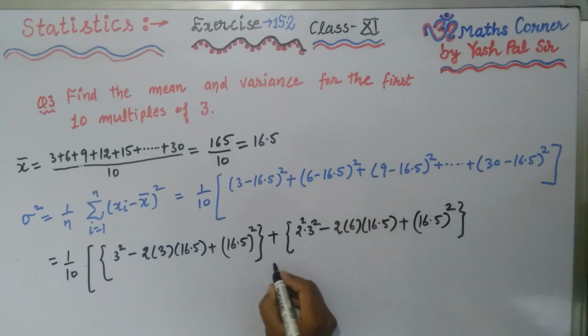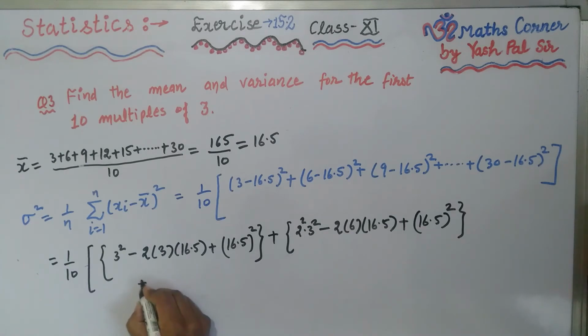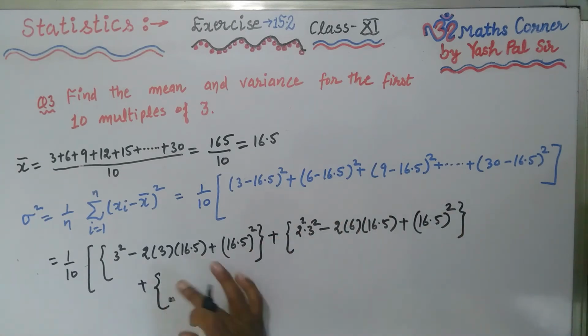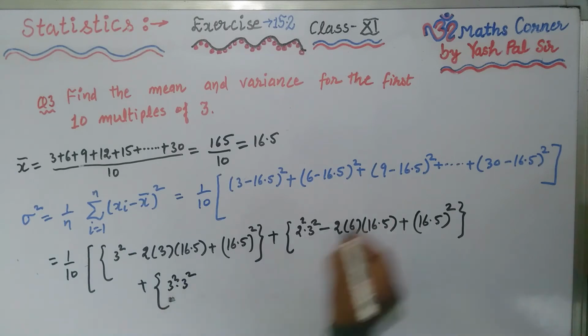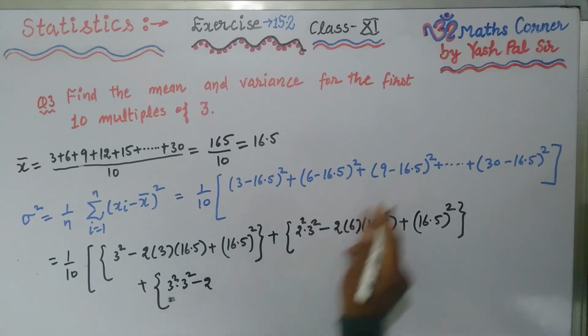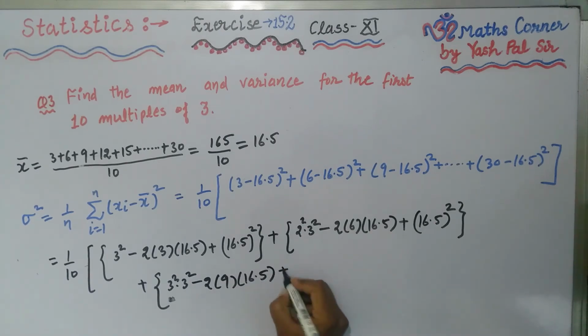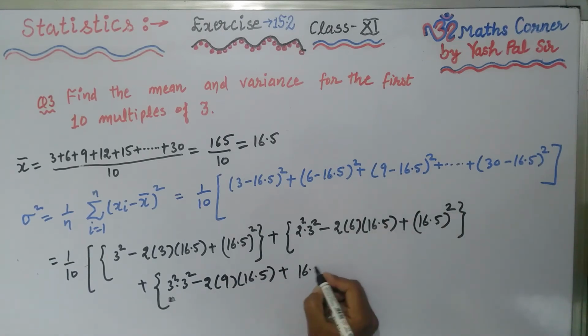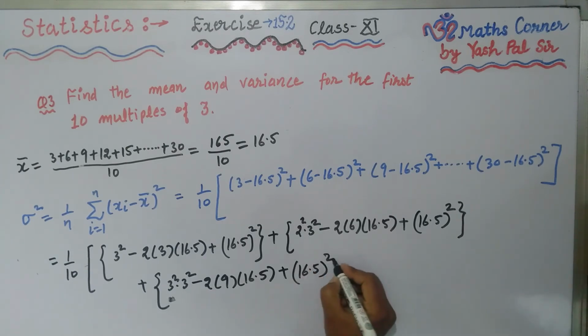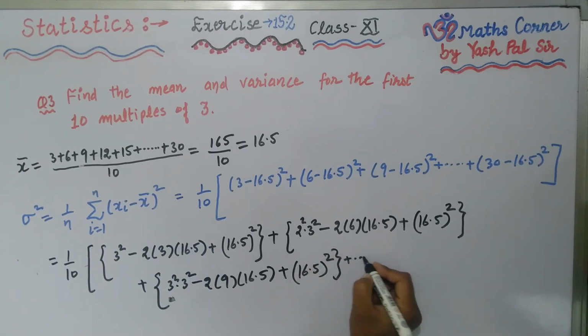Next time we shall write 9, third bracket, 9 whole square, 9 meaning 3 whole square into 3 whole square, minus 2 into 9 into 16.5 plus 16.5 its whole square, and so on.